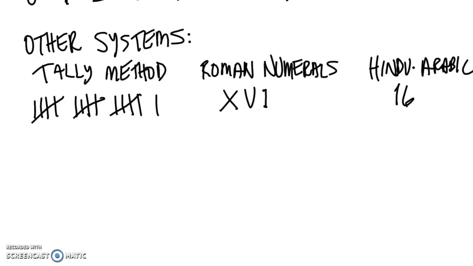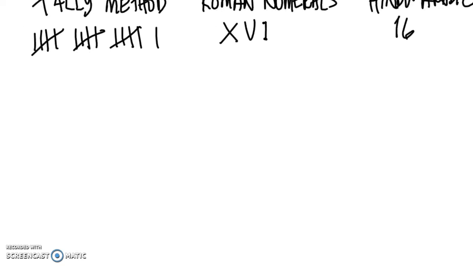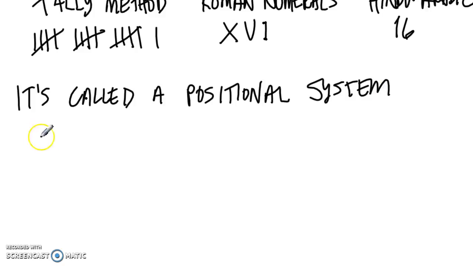Let's see if I can write a paragraph without taking forever with this pen and stylus. Okay, so it's called a positional system because the placement of a number changes the place value.